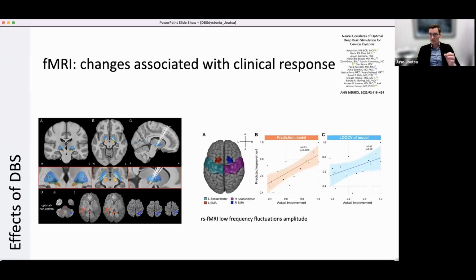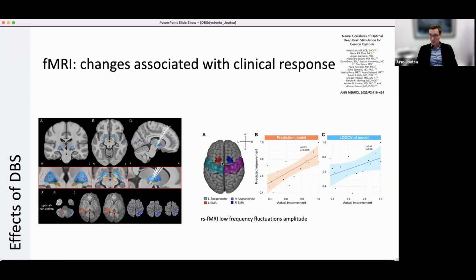then they modified the stimulation to be suboptimal therapeutically, scanned the patients on suboptimal stimulation, and finally when the patients were off stimulation. What they found was that there were significant differences in stimulation-induced activation between optimal and non-optimal conditions, highlighting again the somatosensory and somatomotor cortical regions.